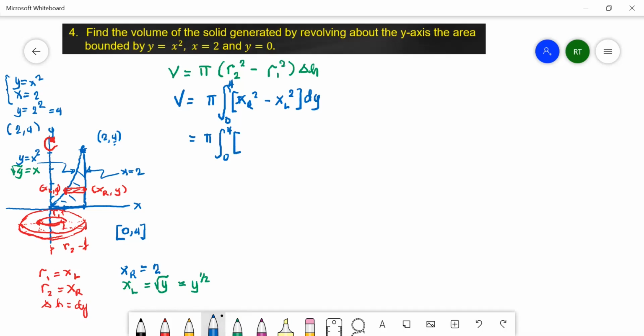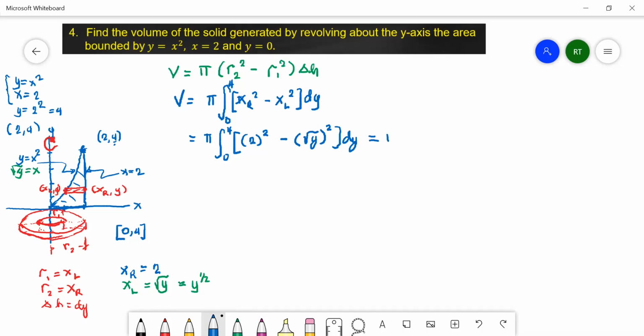Okay, therefore, x sub r is 2. So we will have 2 raised to the second power minus the square root of y. X sub l is the square root of y. We raise this to the second power times the differential of y.